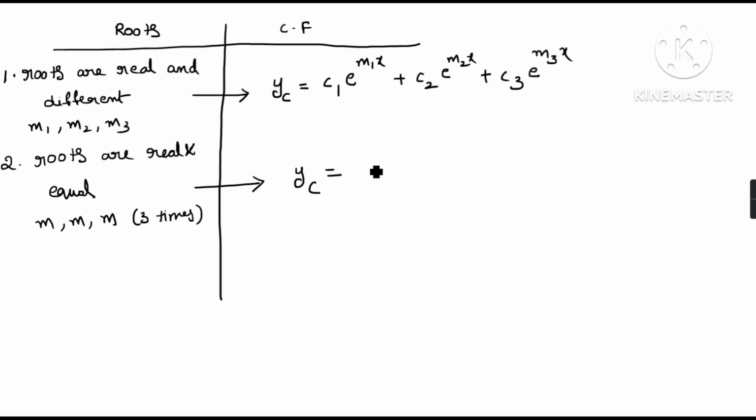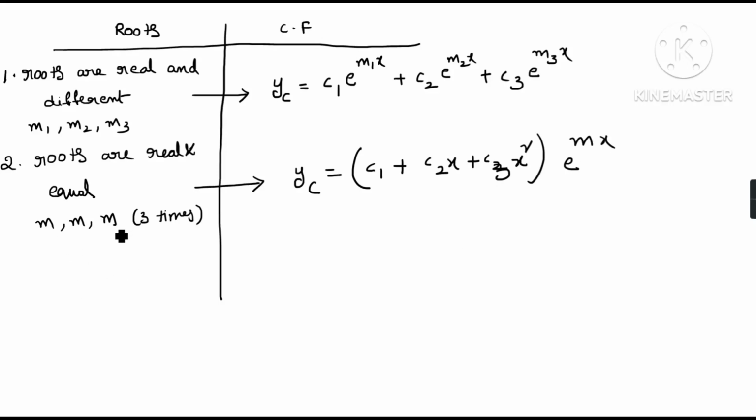Three roots, so I have to take three arbitrary constants. But the three roots are equal, so C1 plus C2x plus C3x square, into e power mx.